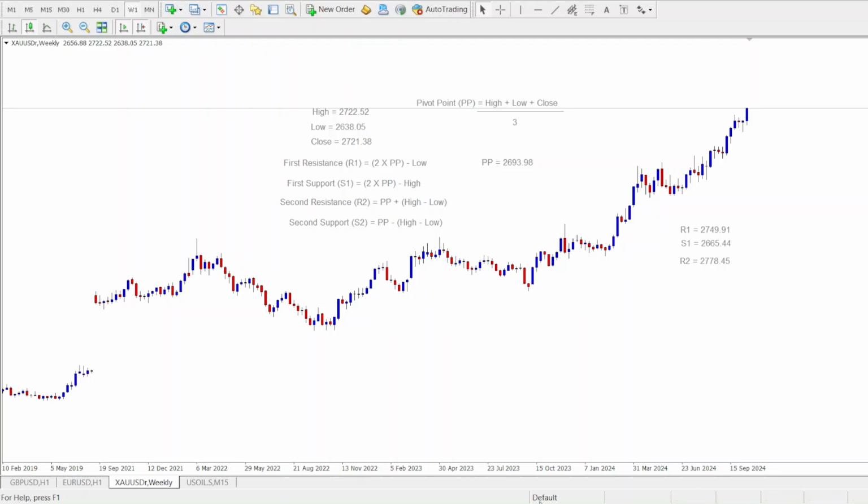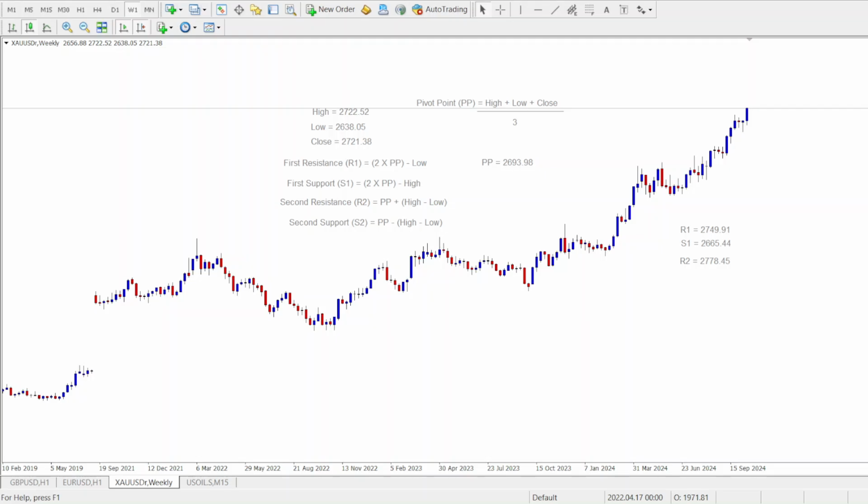Now, as for our second support, we're also going to be calculating that. That is the pivot point 2693.98 minus our high being 2722.52 minus our low being 2638. Okay, let's just run through that again. The second support is the pivot point minus the high minus the low.